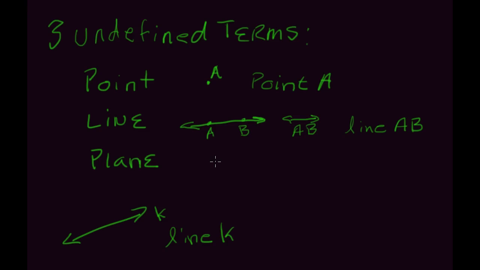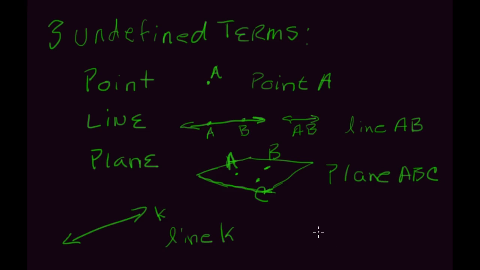A plane, which we technically visualize as a flat sheet, we tend to represent in this course with a parallelogram. And we tend to use 3 points on the plane. So you can visualize that as laying flat with 3 points, and we would say that this is plane ABC.